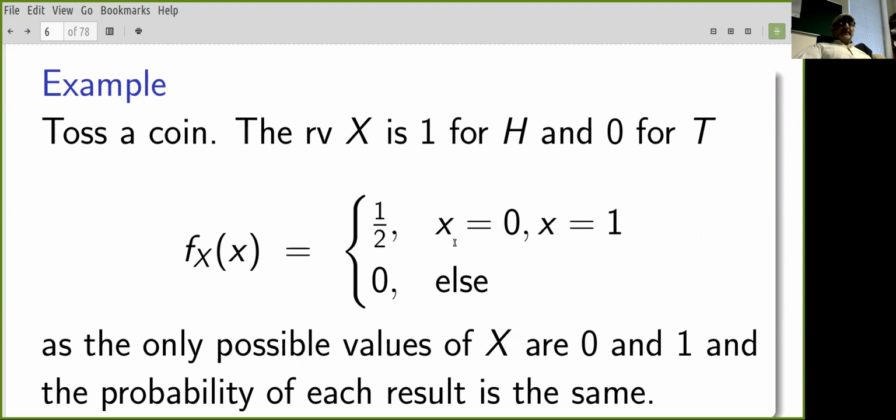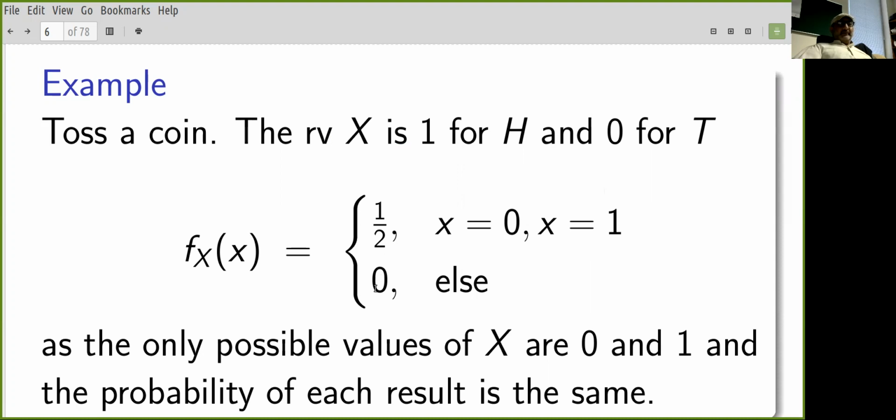Sorry, x equals 0 means you got a T, and the probability of getting a T for a fair coin is 1/2. x equals 1 means you got an H, and the probability for an H is also 1/2. And no other values are allowed, so the probability for any other value is 0.